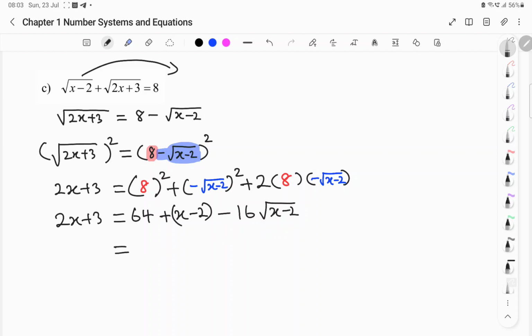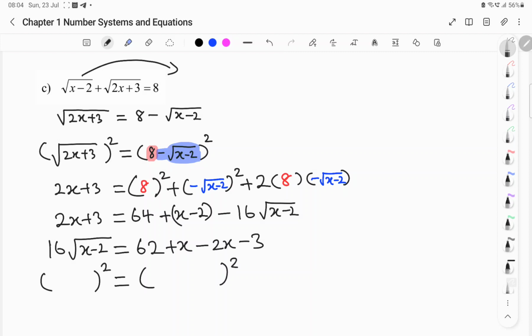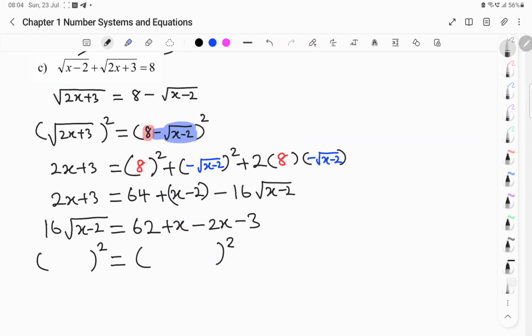Okay, so 16 square root x minus 2 go over there, becomes positive 16 square root x minus 2. And then 64 plus x minus 2, 62 lah. Minus 2, right? Minus 2x minus 3. Okay. So, next step, we need to square both sides for the second time.